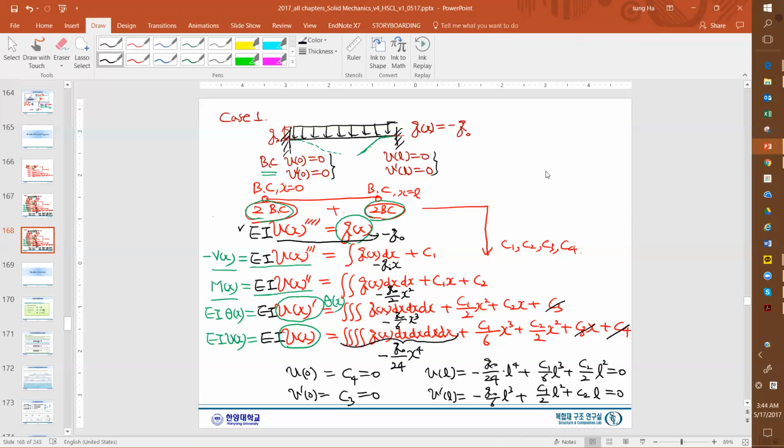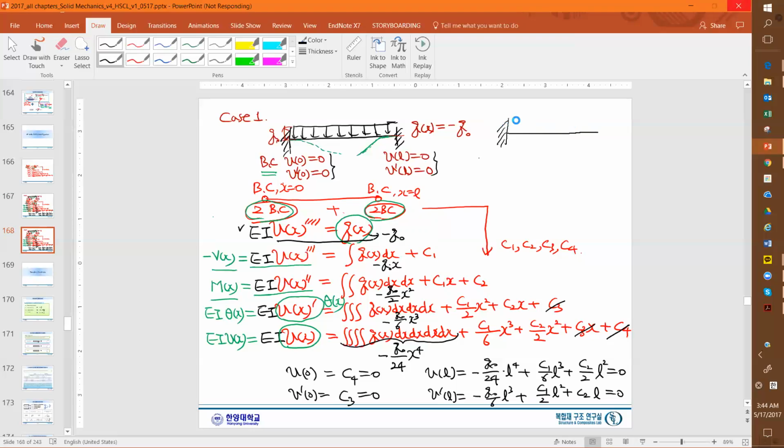Free means that here we can have, let's say, a very simple case like that, and then we have a certain load. So on the right-hand side is free.